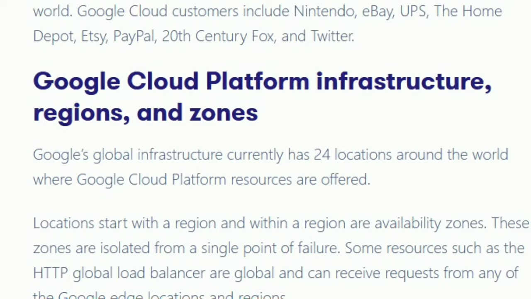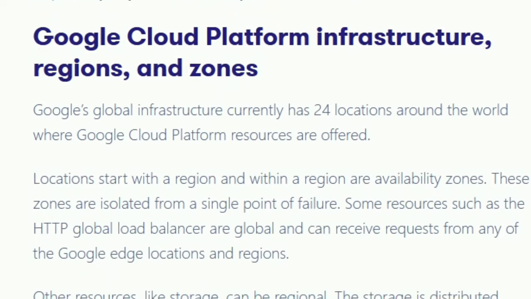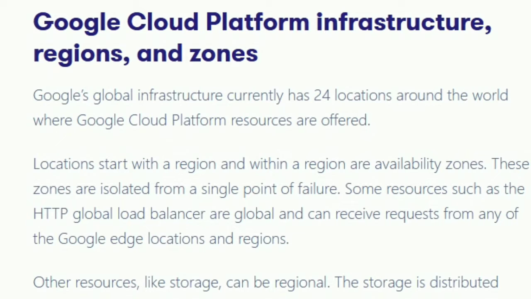These zones are isolated from a single point of failure. Some resources, such as the HTTP global load balancer, are global and can receive requests from any of the Google edge locations and regions.